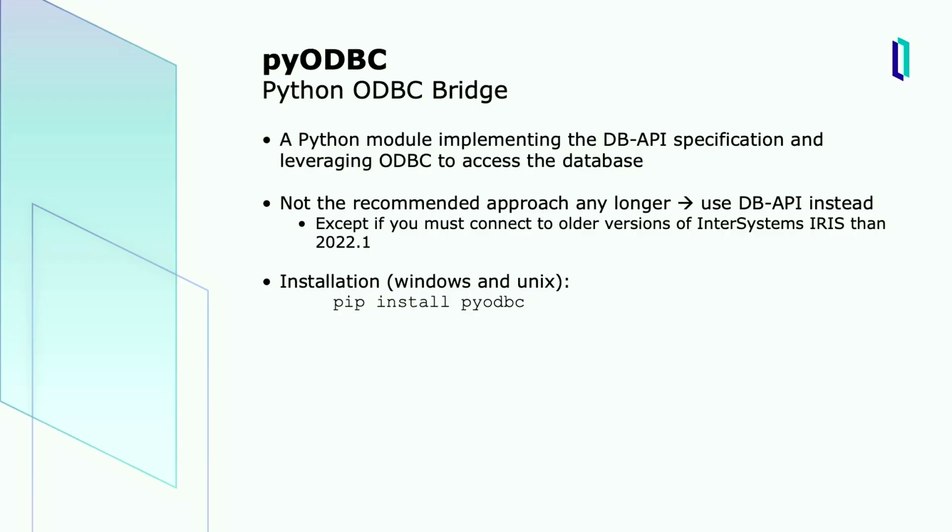It's on PyPI. Just pip install PyODBC, and then you either point it to a DSN or you give it the traditional connection string, and then it's the standard API as documented. So pretty easy. If you want to know more about this, I have tons of code samples. I can walk you through this in a one-on-one session or at the Tech Exchange, but I'm not going to go into any depth in this session here.